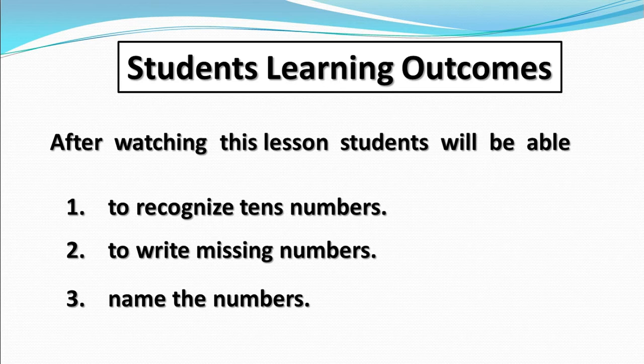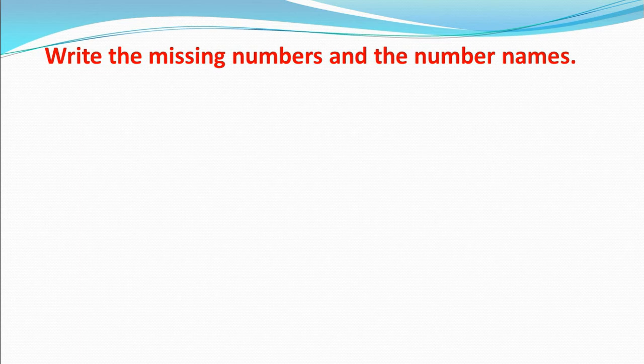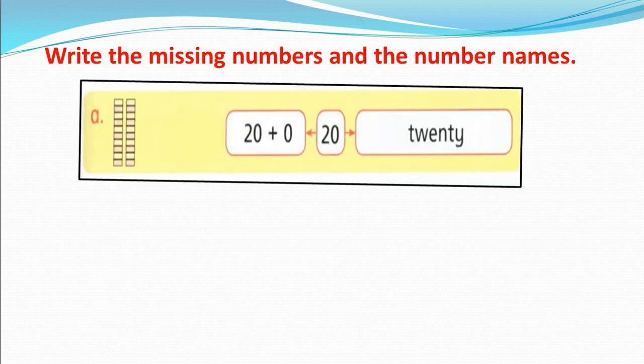Let's get started. The first question is, write the missing numbers and the number names. One has been done for you. Look, there are 2 stacks of 10 and there are no ones. 2 stacks of 10 makes 20 and there is 0 ones, so here is 0.